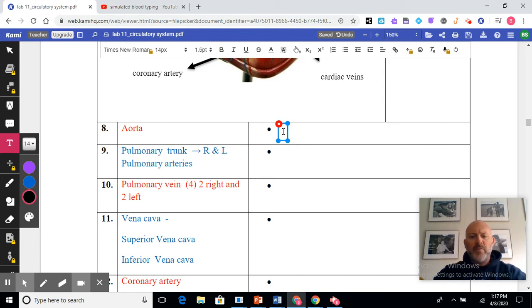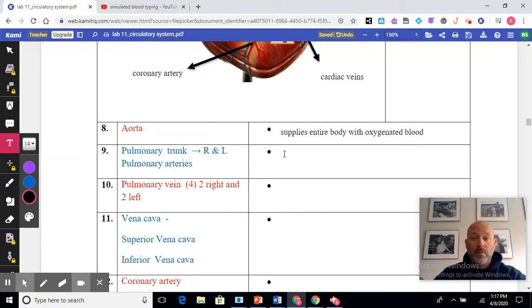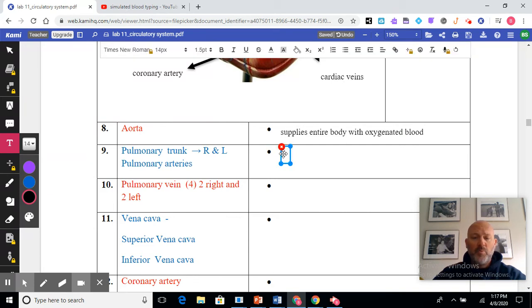Well, that supplies the entire body with oxygenated blood. The pulmonary arteries are going to send deoxy blood from the heart to the lungs.